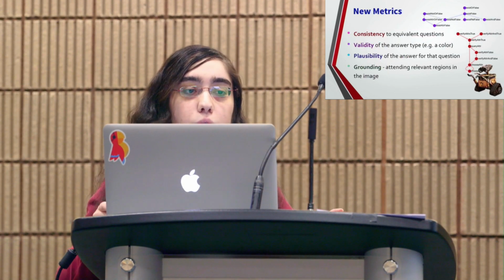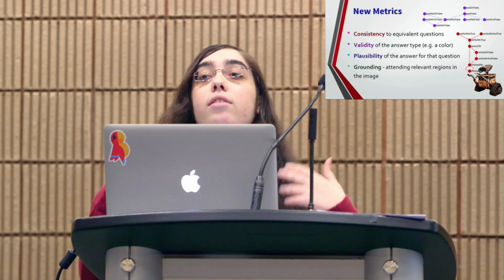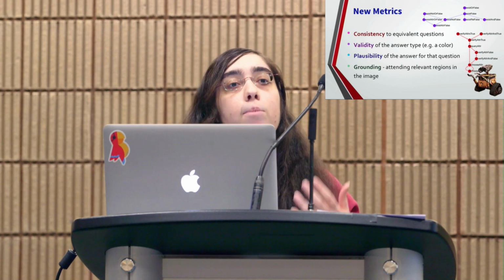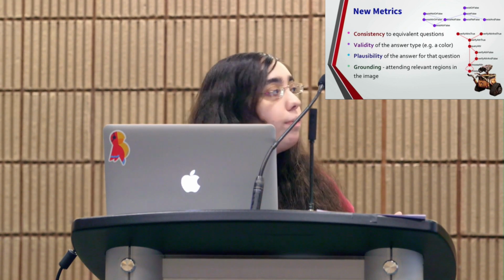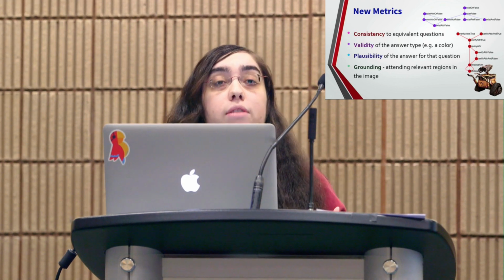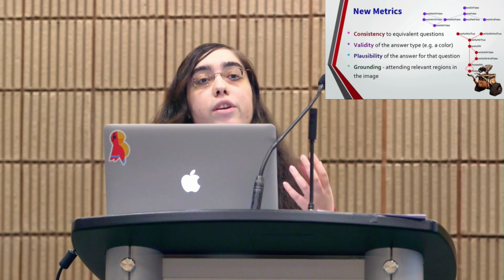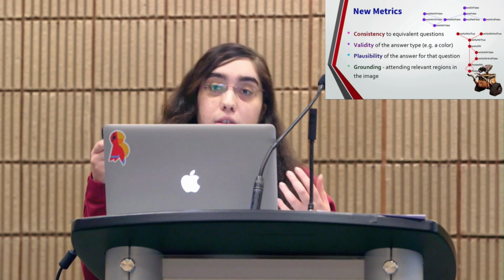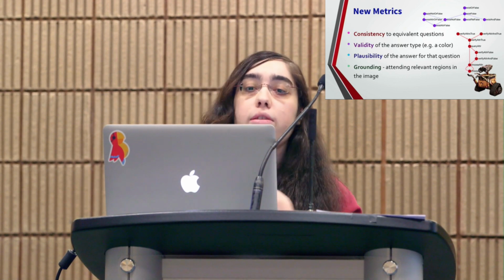Another thing that we're able to do by having the semantic representation for the question and the images is to define new metrics that give us more information about the inner workings and behaviors of models. So a couple of examples. One is consistency. By using the semantic representations, we're able to check whether models answer semantically equivalent questions in the same way, whether they are consistent or not.